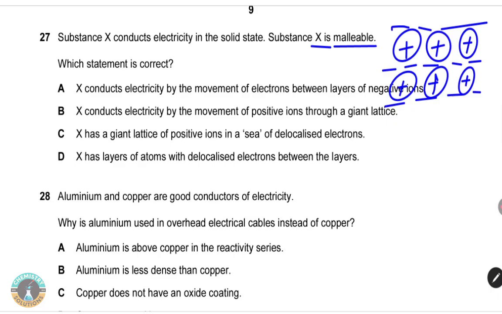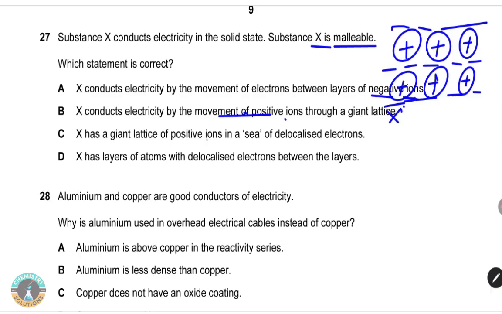So option A, X conducts electricity by the movement of electrons between layers of negative ions, no. It is negative electrons between positively charged ions. X conducts electricity by the movement of positive ions, no, the positive ions do not move.